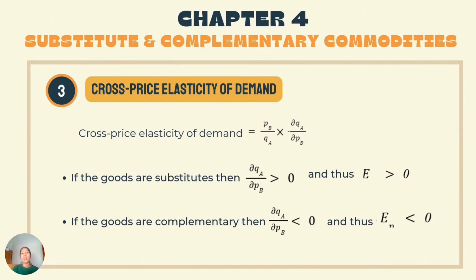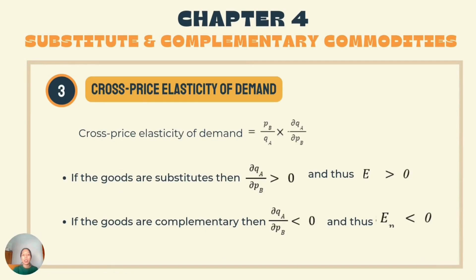But if the goods are complementary, the partial derivative is less than zero, as we discussed in the previous slide. Then positive multiplied by negative gives a negative result.